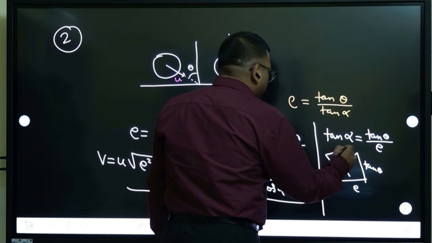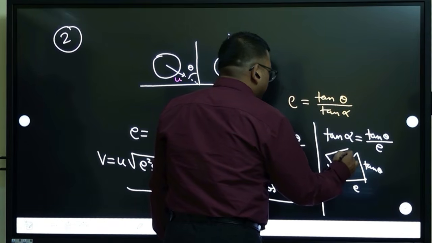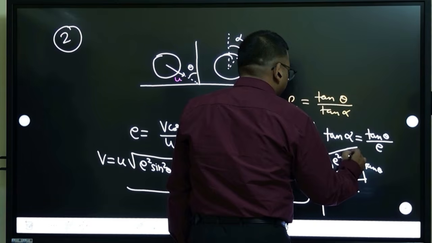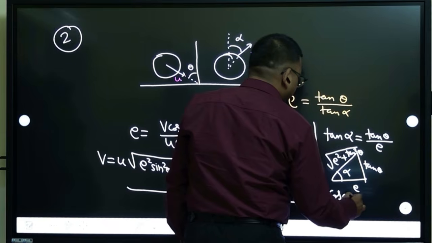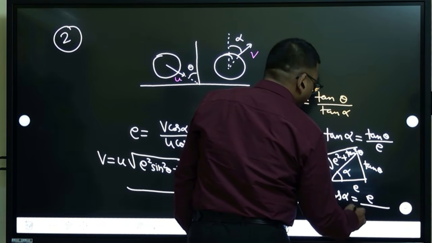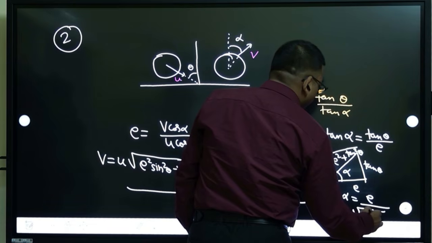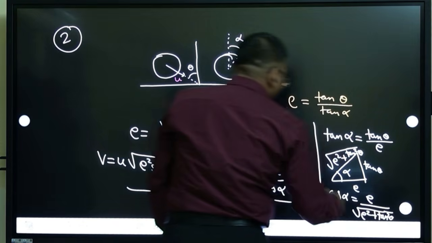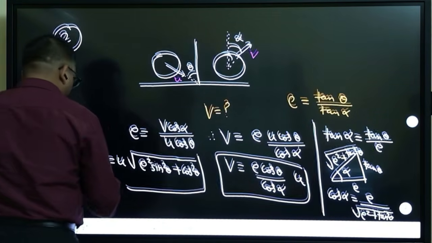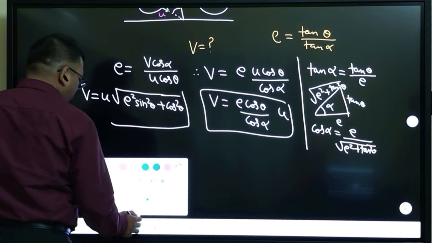This will be root under E square plus tan square theta, the hypotenuse. So from here cos alpha I can write as E divided by root under E square plus tan square theta.